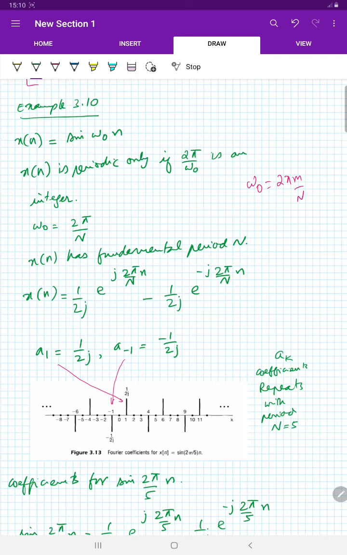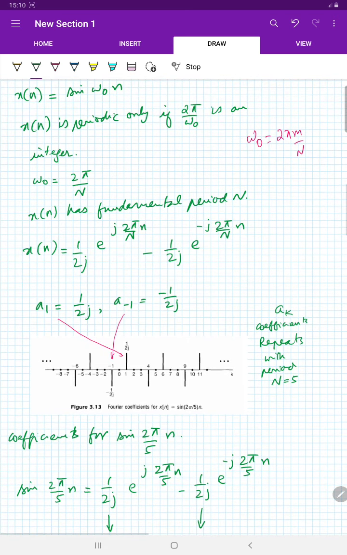So in this case the fundamental period will be N, and we can expand this using Euler's formula, and you will get the two coefficients, e raised to j 2 pi n by N and e raised to minus j 2 pi n by N. So these are the a_k values for k equal to plus or minus 1. So 1 by 2j and minus 1 by 2j form the Fourier series coefficients in this case.